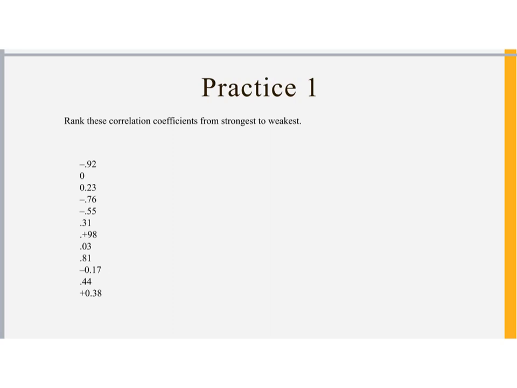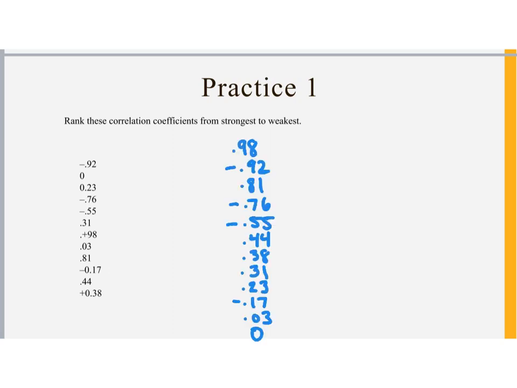Pause here and put these correlation coefficients, or r values, in order from strongest to weakest. The strongest correlation is 0.98. There's a little typo here. It should say positive 0.98, not point plus 98.